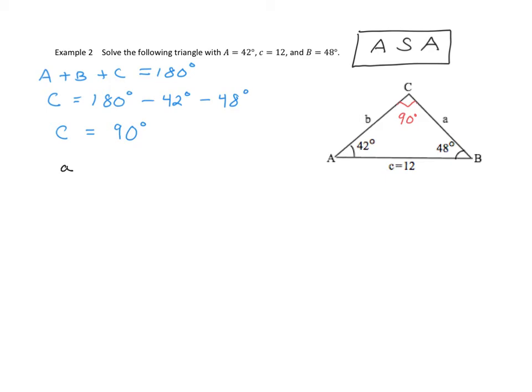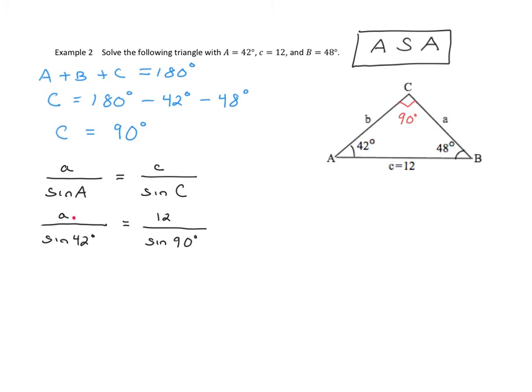A is the thing we're solving for, and I'm dividing by sine of A. This is equal to C, which is something I know, over sine of C. If I plug in all of the information I know, we have A divided by sine of 42 degrees. This is equal to C, which is 12, divided by sine of 90 degrees.